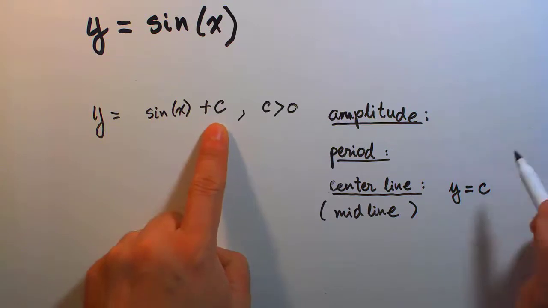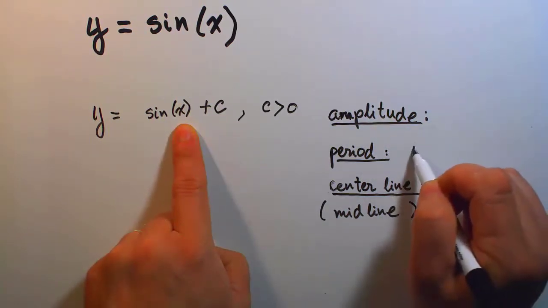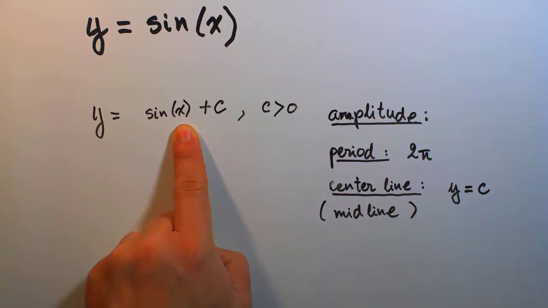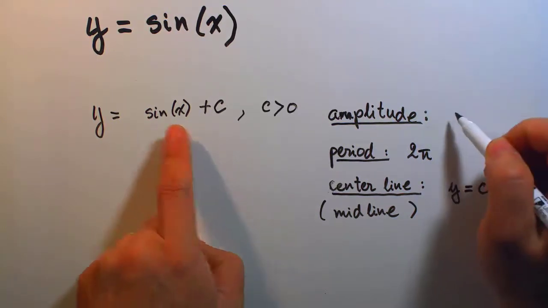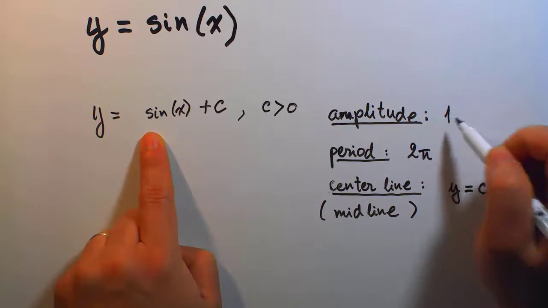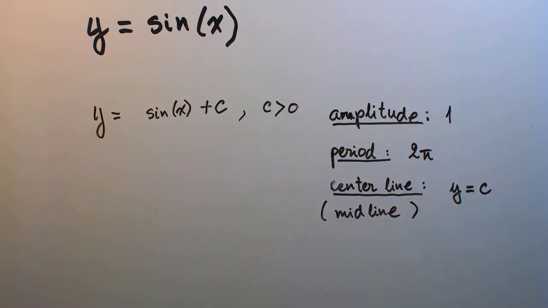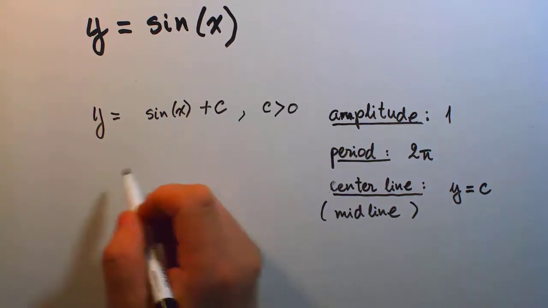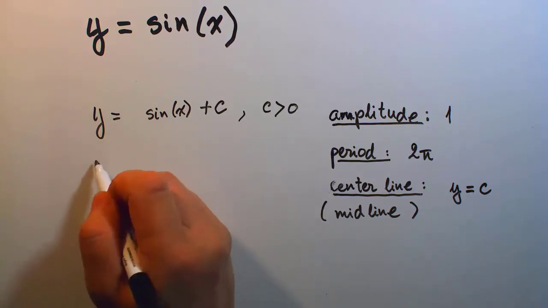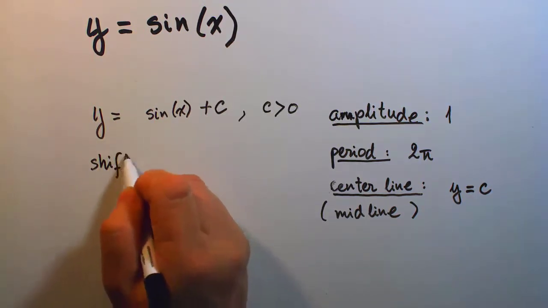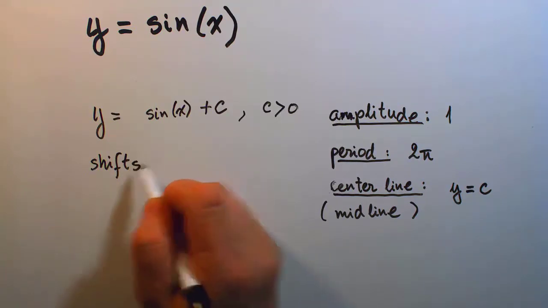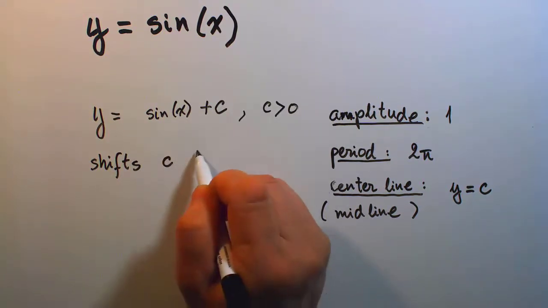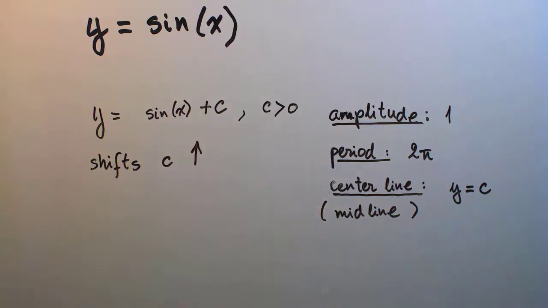The period remains the same, a 2 pi period window, and the amplitude is the same, being 1. Or in the terms we used back in pre-calculus 1, the graph for a function like this shifts c units vertically upward. That's why I'm drawing the arrow pointing upward like that.